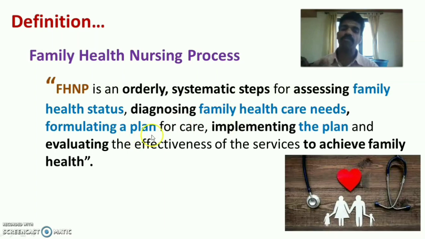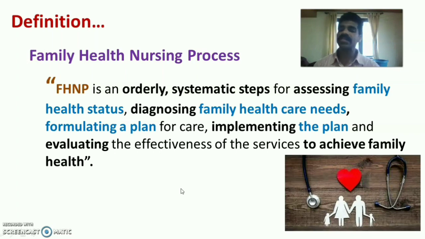Then formulation of a plan for care, that is, planning the various interventions, action plans or strategies to render services to the family members. Then implementing those strategies or the plan, and finally evaluating the effectiveness of all the implementation done during the family nursing process to achieve optimum family health.